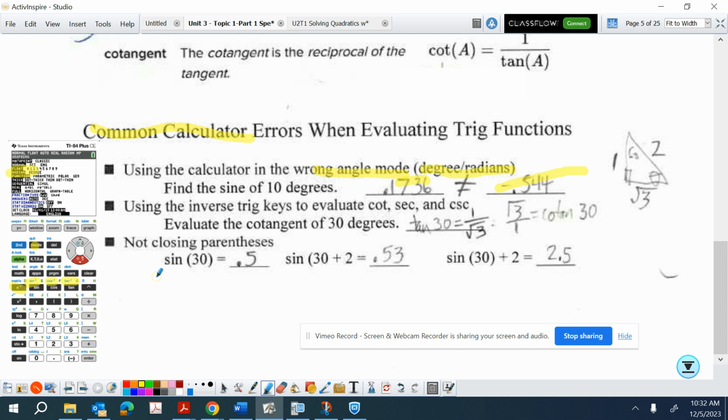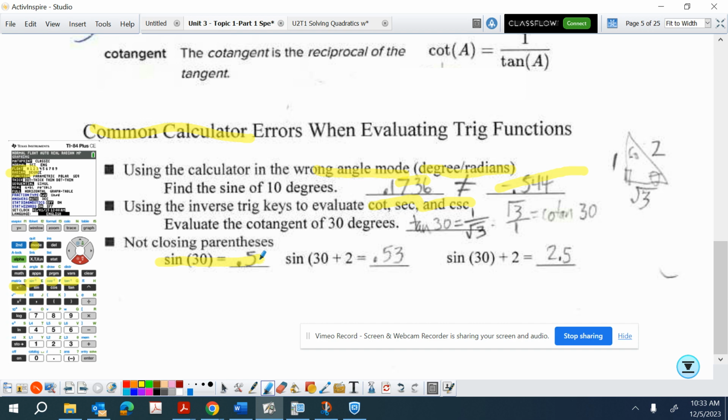So you've got to be careful when you are doing cotan, secant, and cosecant. What I always make sure I do, so I don't make a mistake, is I do 1 over sine when I'm doing cosecant, 1 over cosine when I am doing secant, and 1 over tangent when I am doing cotangent. Please be careful. And then, as always, we always tell you the calculator is stupid, so you have to be smart.